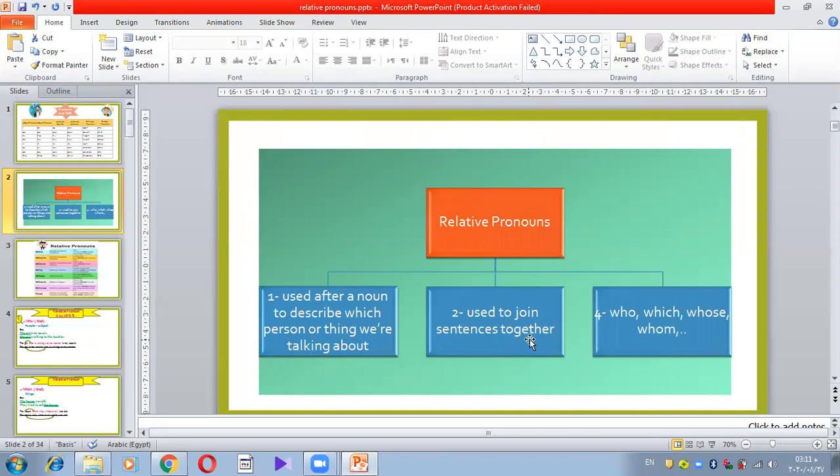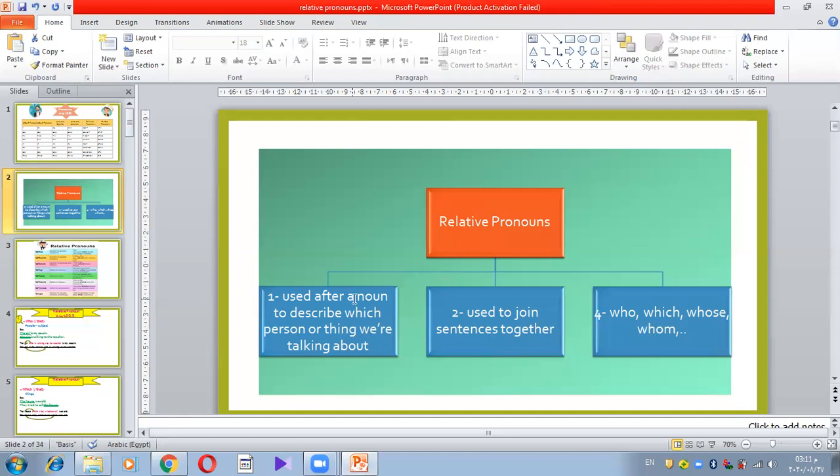How can we connect sentences together? One of the ways to connect them is through relative pronouns. That's number 1. So it's used to join sentences together.